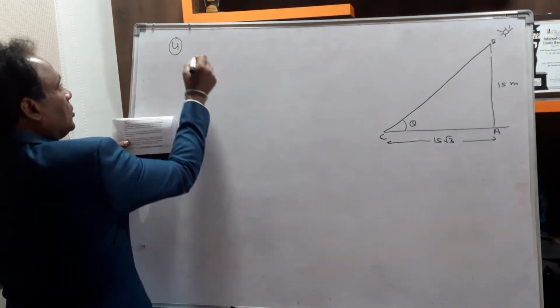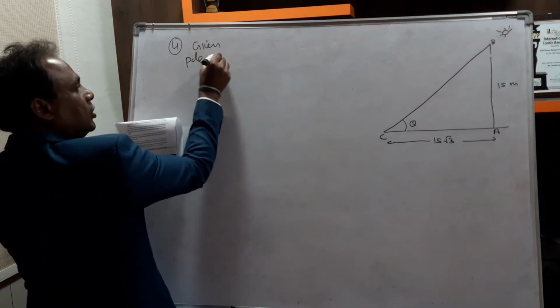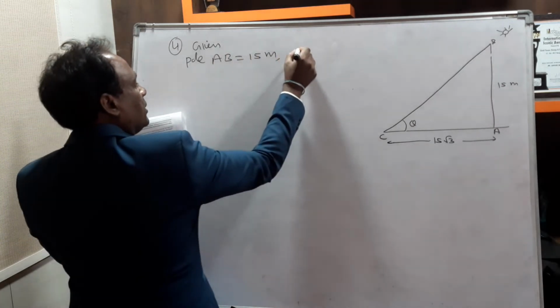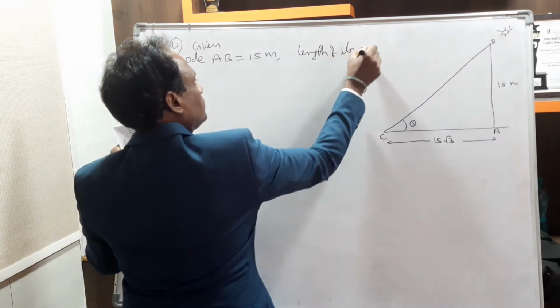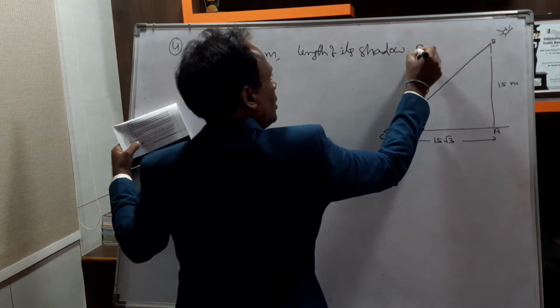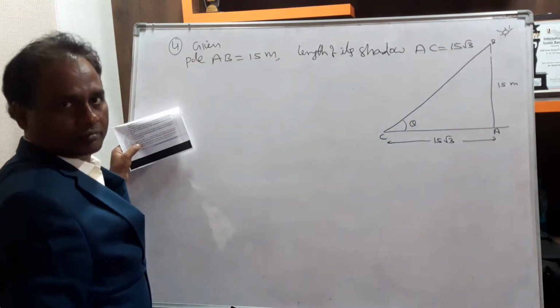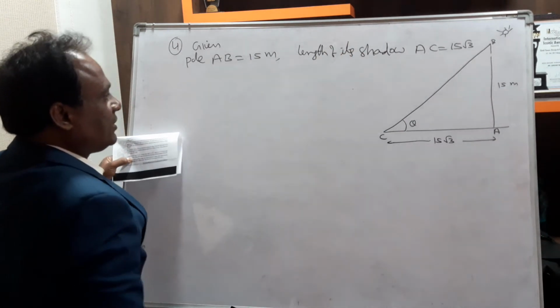See here. Given, pole AB is equal to 15 meters. Length of its shadow, what is the shadow? AC. How much? 15 root 3 is given. We have to find the angle of elevation of the sun ray, theta.